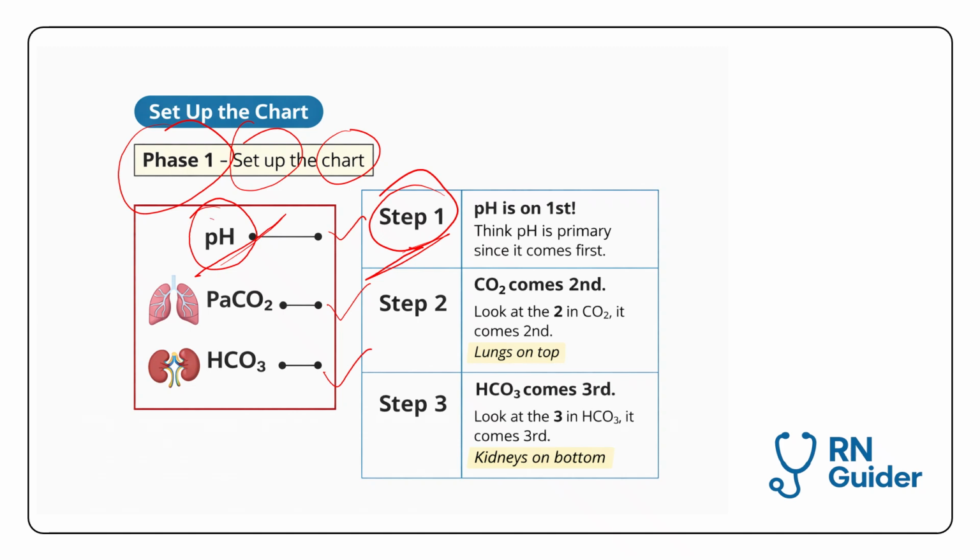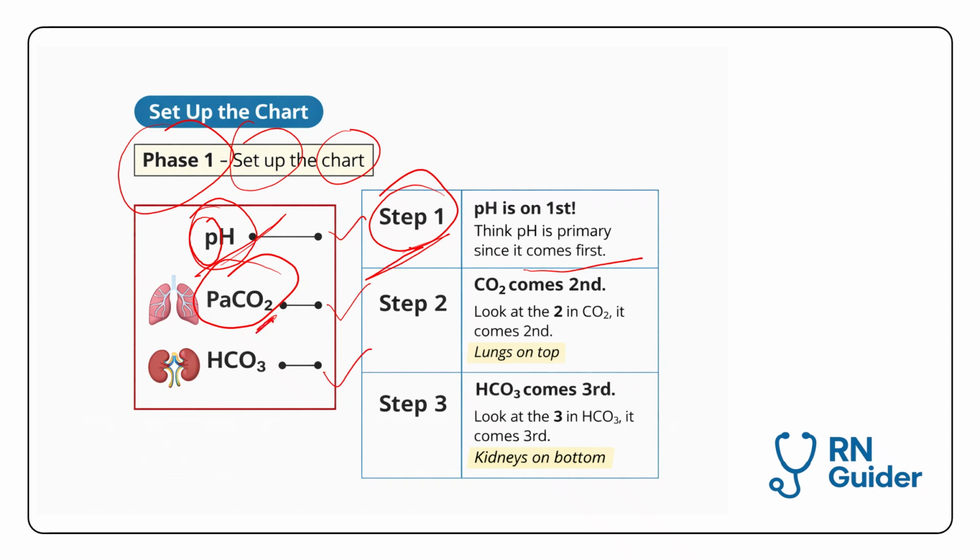We can remember by looking at this P. P is for primary, so P comes first. The second step is carbon dioxide.